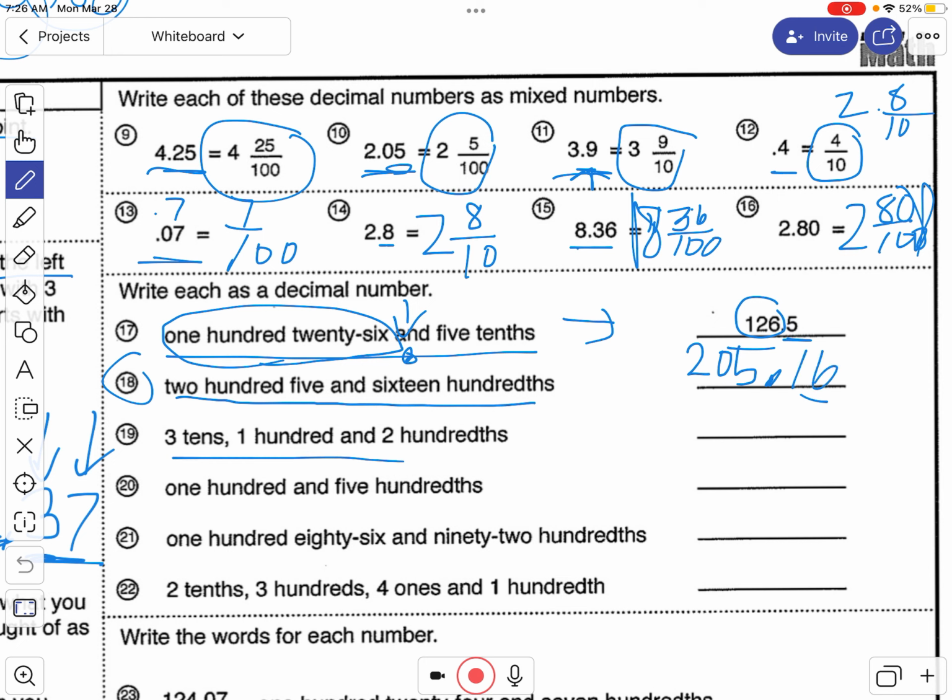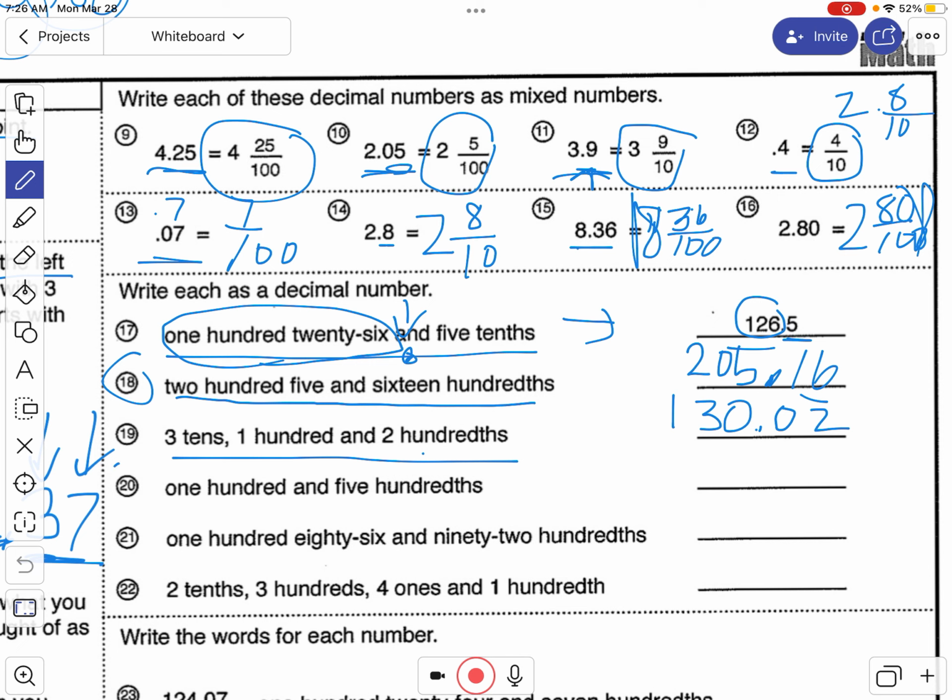Okay, these next have the digits just all mixed up. We have 3 tens, we have 100, we don't have any ones. So I'm going to put a 0 there. And then this says 200ths, which means we have no tenths. All right, pause the video.